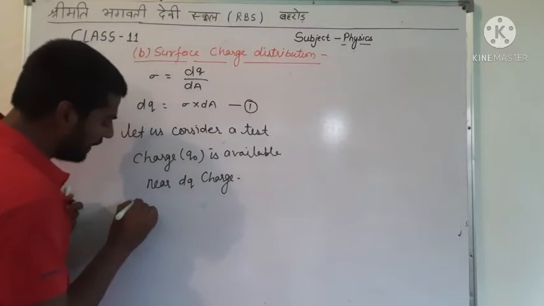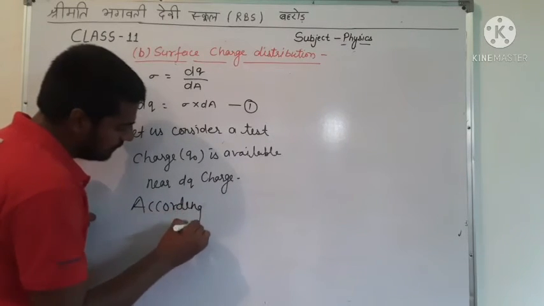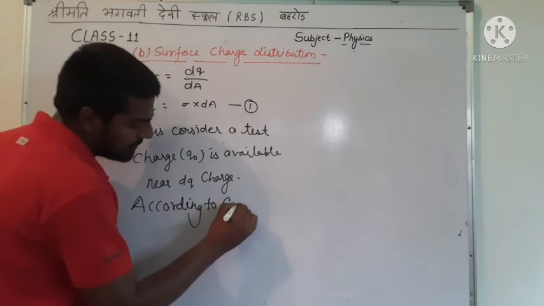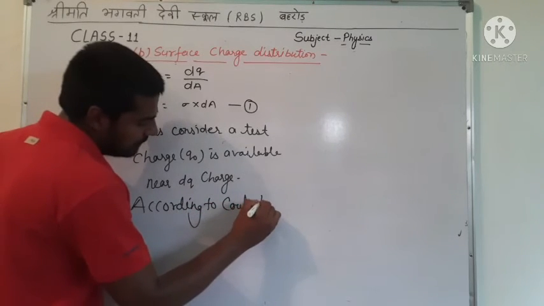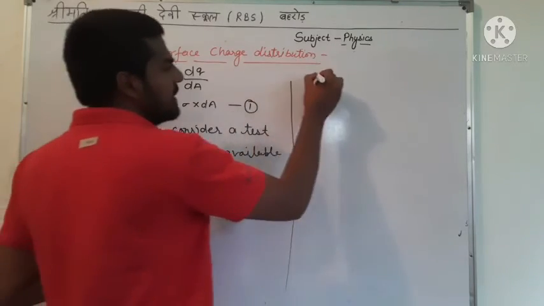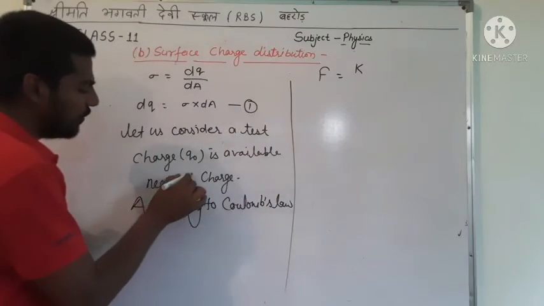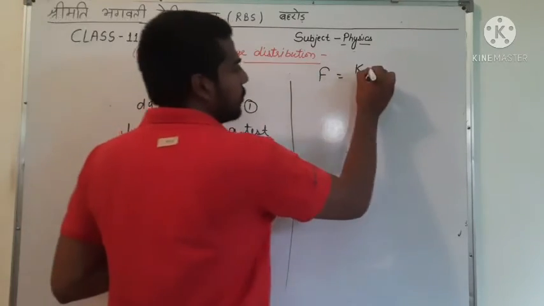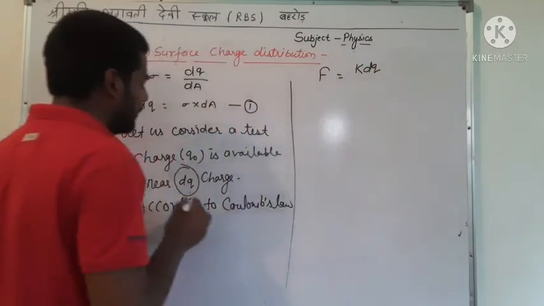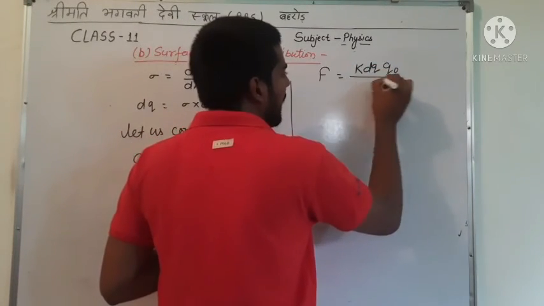According to Coulomb's law, F equal to K Q1 Q2 upon R square. Here the value of Q1 charge is dq, and the value of Q2 charge is Q0, upon R square.